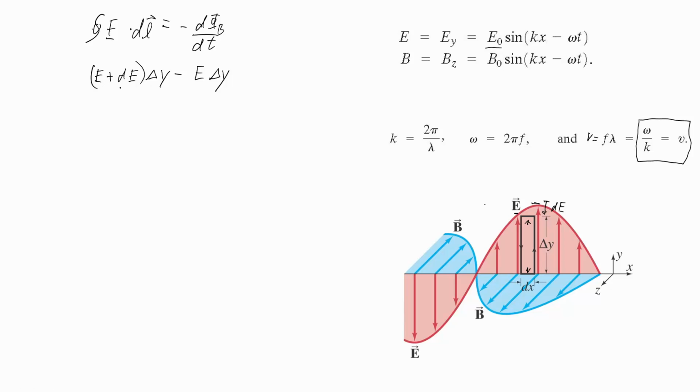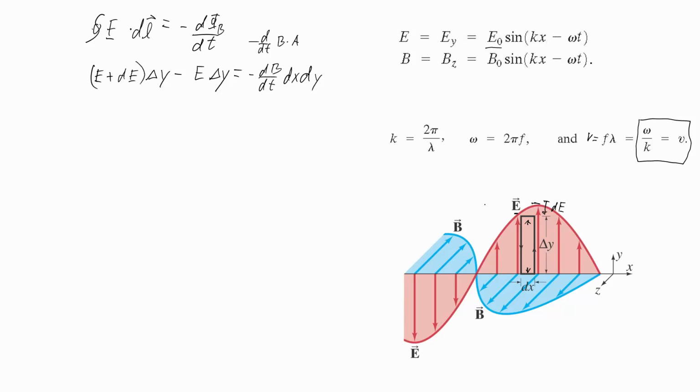So the field is a little bit bigger on the right-hand side of that rectangle than on the left-hand side. Now on this side, we're going to get negative dB dt times dx dy, because we're pulling out the area. Essentially, this was d by dt of B times the area, and so I just wrote the area as the width times the height. So we've got a dx here and a dy.